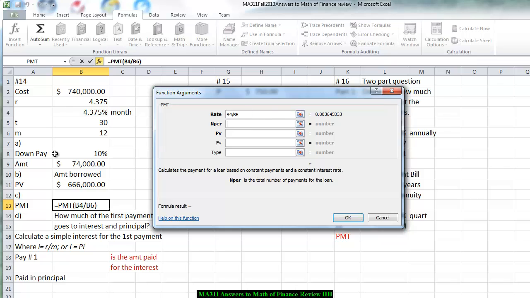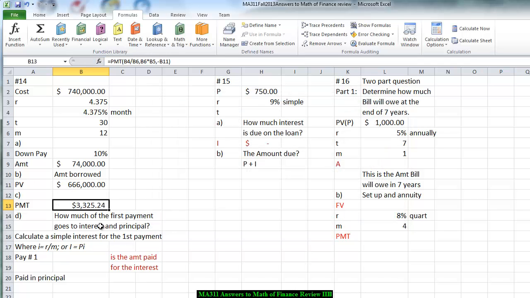Now the NPER is the M, which is 12 times the 30, which tells us we have 360 payments. And the present value is the amount of the loan, which is $666,000. And therefore, we get the payment formula result on the template of $3,325.24.